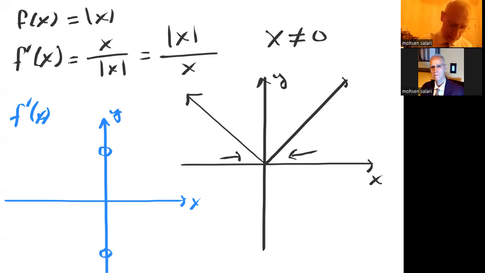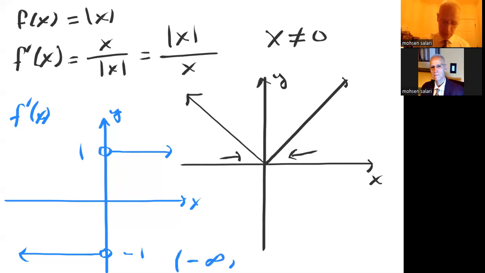So notice that this was negative 1 and this is positive 1. So the slopes are negative 1 anywhere before x equals 0, that is from negative infinity to 0.